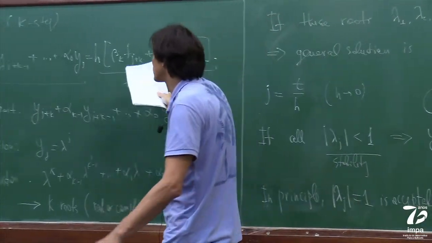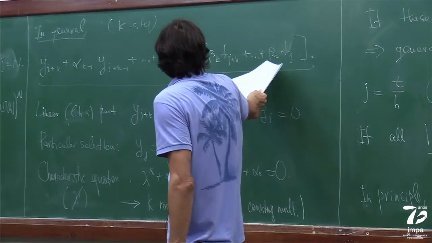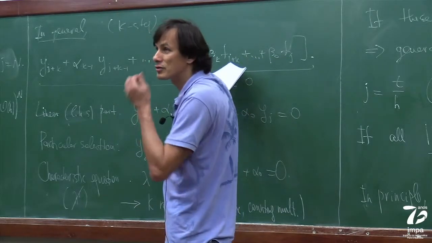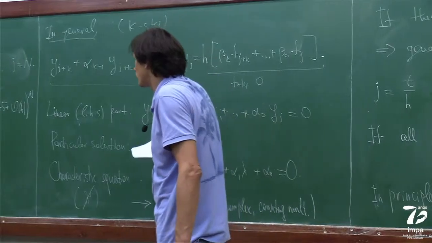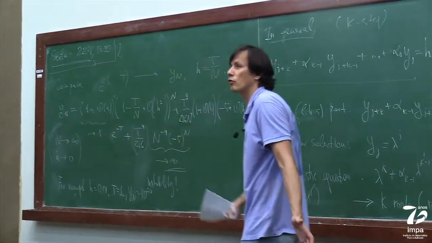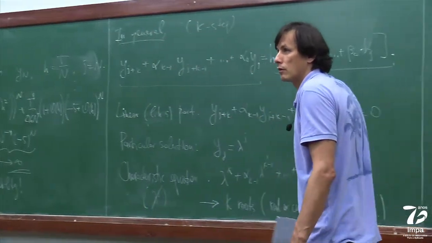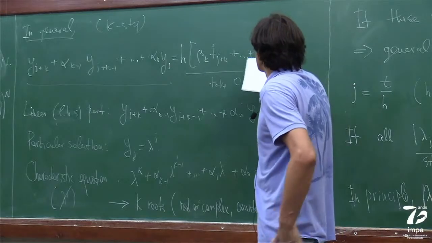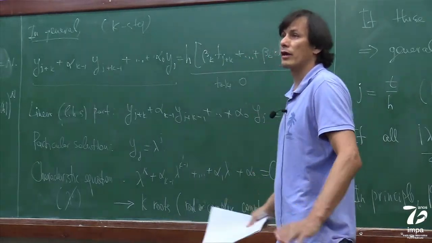This is a 4-order method with just a single computation of the function f. To have the same with the Runge-Kutta method, you will need four computations of function f. So if computing f is cheap, then it's okay.